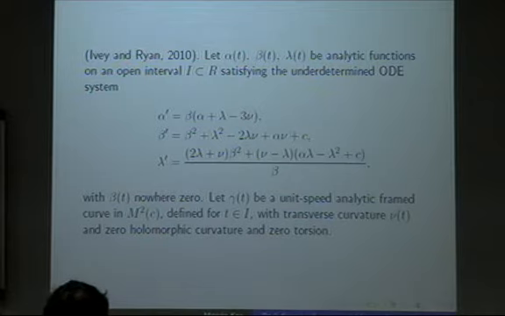Let alpha(t), beta(t), lambda(t) be analytic functions on an open interval I satisfying the underdetermined equation system, with beta(t) nowhere zero. Let gamma(t) be a unit speed analytic framed curve in M2(C) defined for t in I, with transverse curvature nu(t) and zero holomorphic curvature and zero torsion.